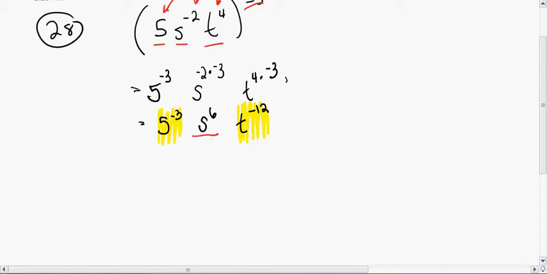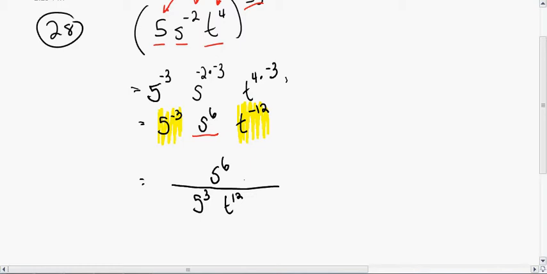So s to the 6 is the only thing left on the top. In the bottom, I have 5 cubed and t to the 12th. Remember, when we move a base with its exponent, we change the sign of the exponent, so it goes from being negative to positive.